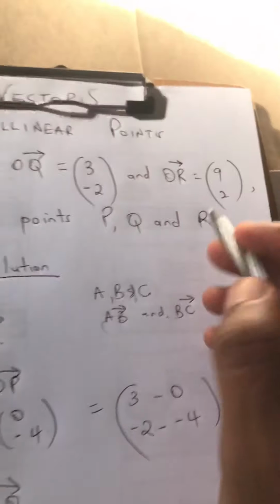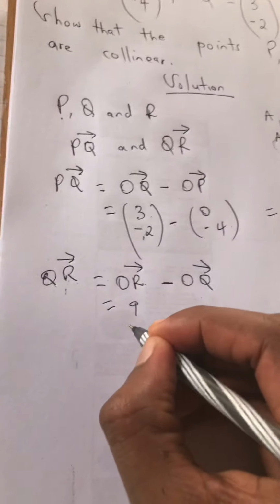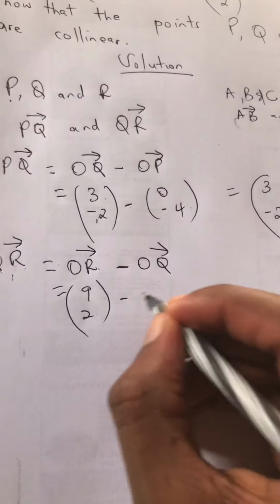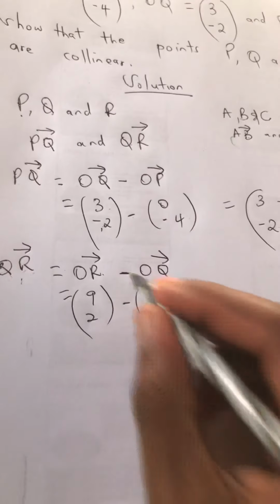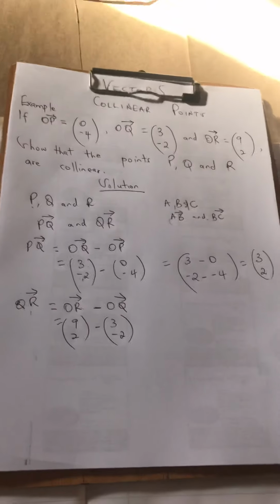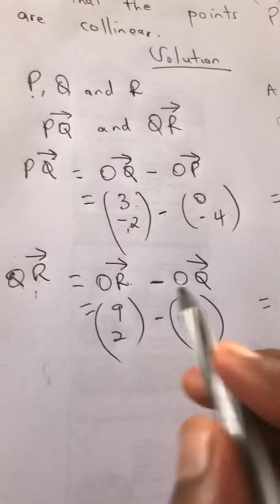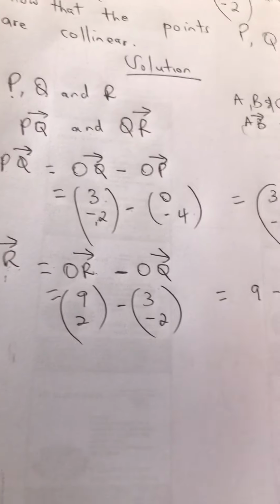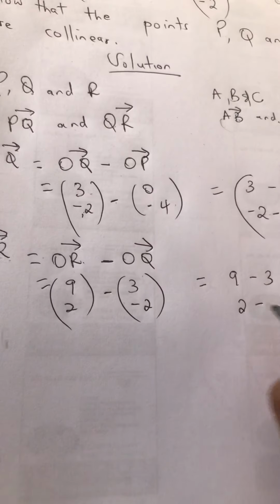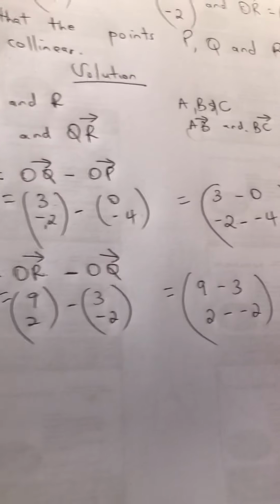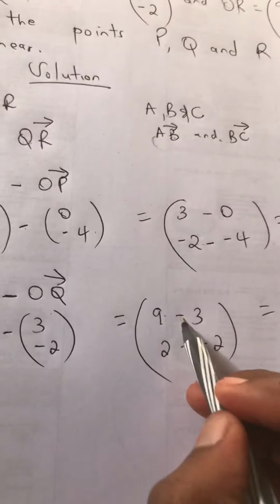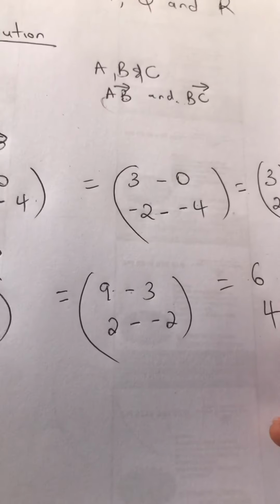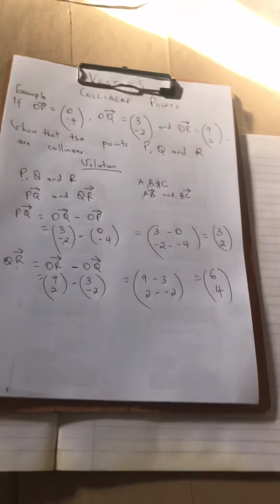Therefore, our OR is (9, 2), and our OQ is (3, -2), and we subtract. As you can see, my dear friend, this will be 9 minus 3, ya juu na ya juu na ya chini na ya chini, alafu chini ni 2 minus -2. This will be the same as 6 because 9 minus 3 is 6, and then 2 minus -2 is the same as 4. Hapo sawa?